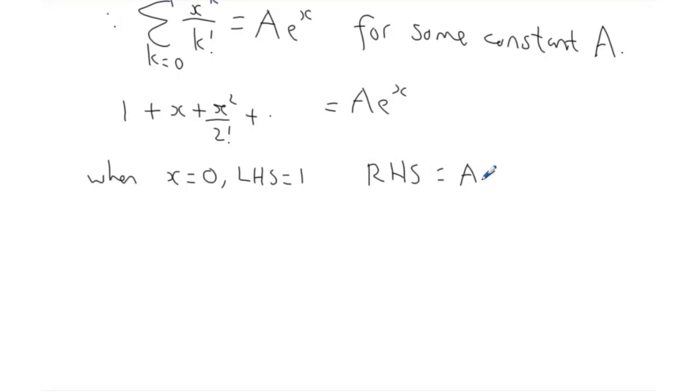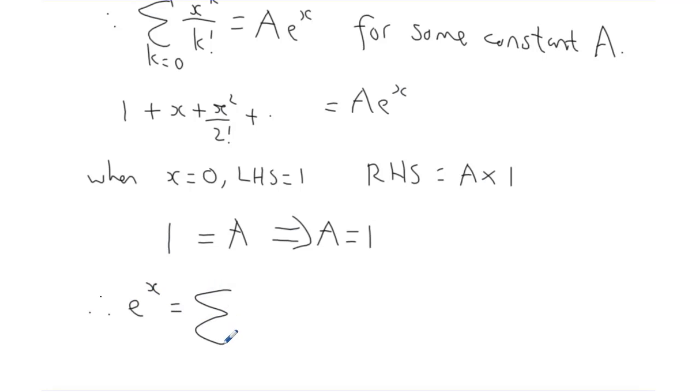RHS is going to be A times 1, because e to the 0 is 1, A times 1 is A. So basically 1 equals A, which means that A equals 1, and so finally e to the x equals the sum from k equals 0 to infinity of x to the k over k factorial for all real x.